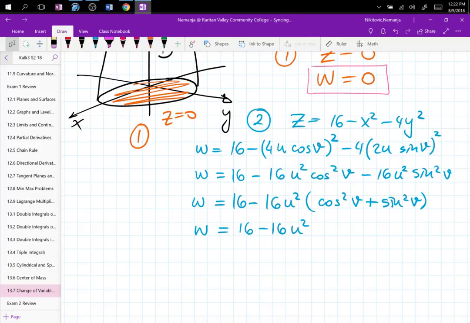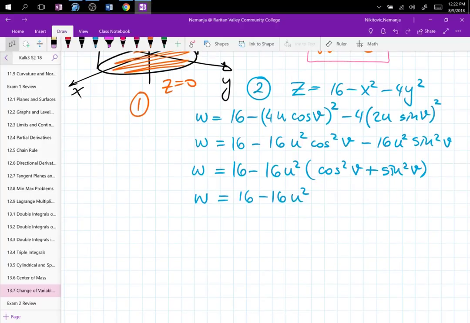So we are done as long as we know what this is. What is this? Well, that's the domain.